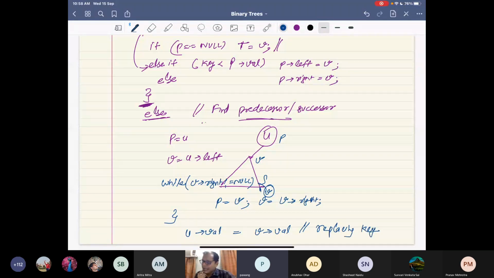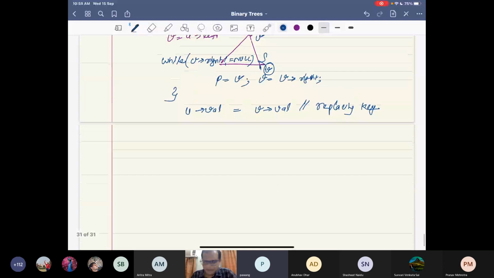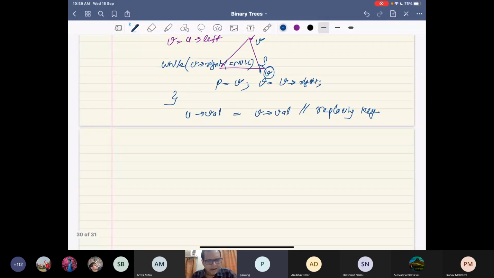Okay, and now once I do that, remember what was in the other part in this case? The other part was I had to delete this V. So now delete V is being done. I have copied the value, and delete V is simply being seen as the simplest case.